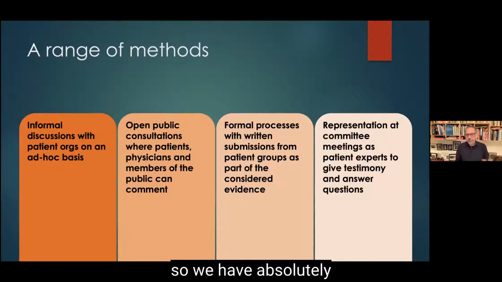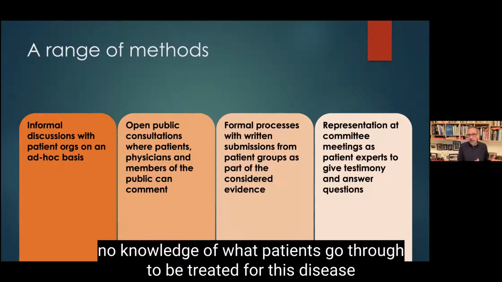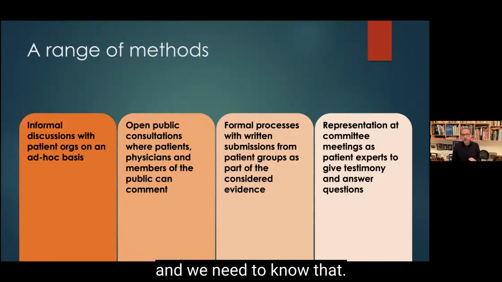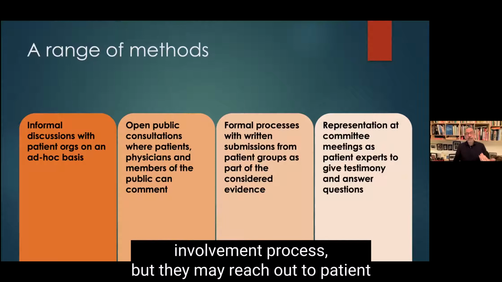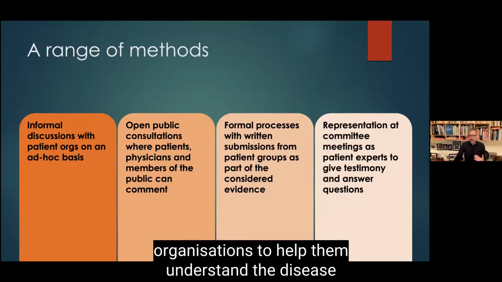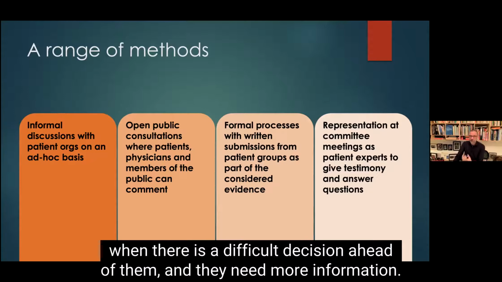So we have absolutely no knowledge of what patients go through to be treated for this disease, and we need to know that. And so they may not have a patient involvement process, but they may reach out to patient organizations to help them understand the disease when there is a difficult decision ahead of them and they need more information.